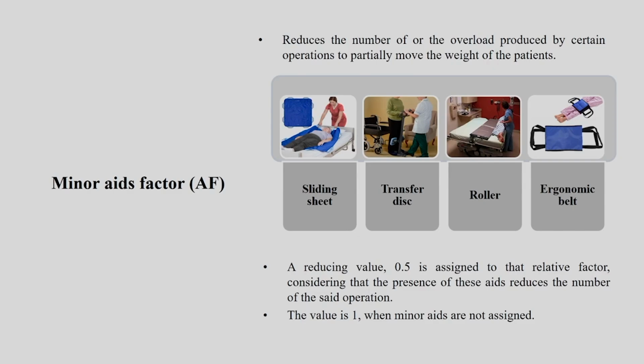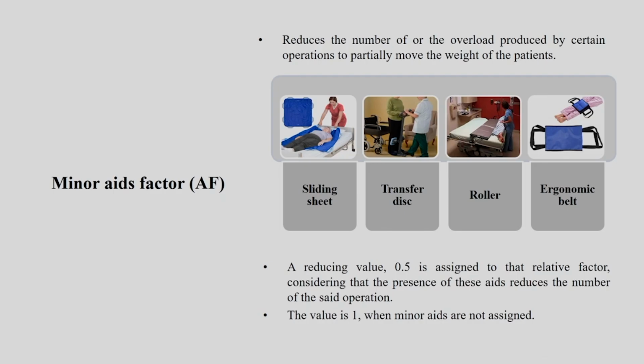It reduces the overload produced by a certain operation by partially moving the weight of the patient. If you have a sliding sheet, then you have some advantage. If you have a transfer disc, definitely you have an advantage. If you have a roller or some kind of ergonomic belt, then definitely these are some kind of advantages.